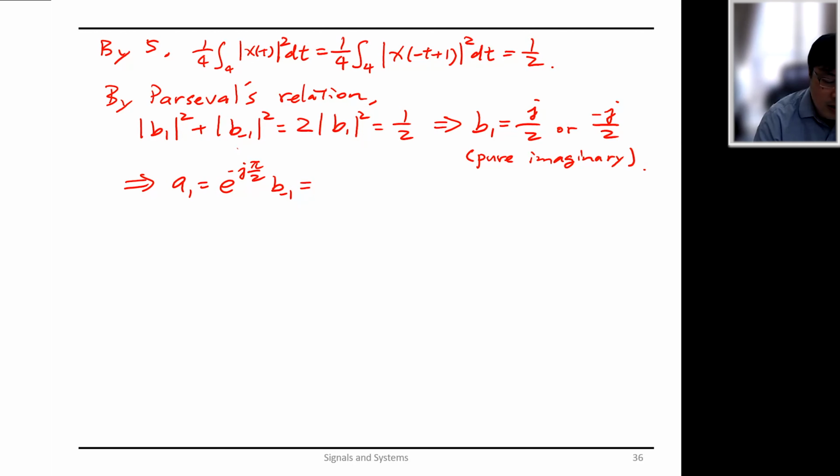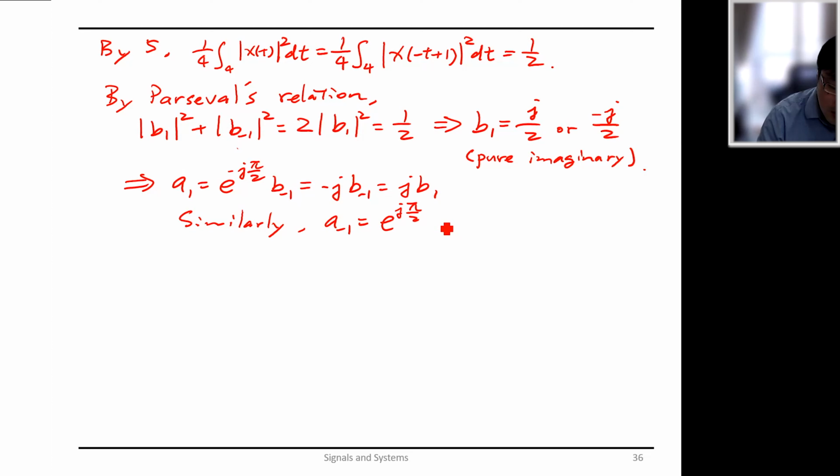So this is minus j b sub minus 1, and by the odd property of the coefficients b, this is also j b1. And similarly, a sub minus 1 is e to the j pi over 2 b1, which is j b1.